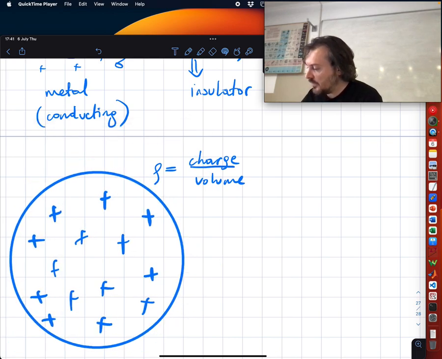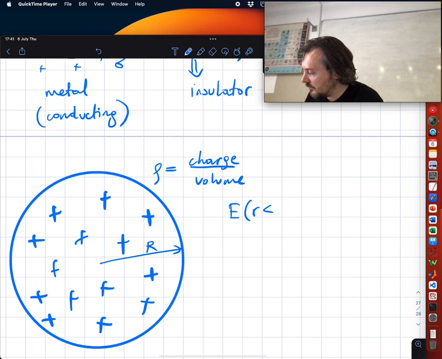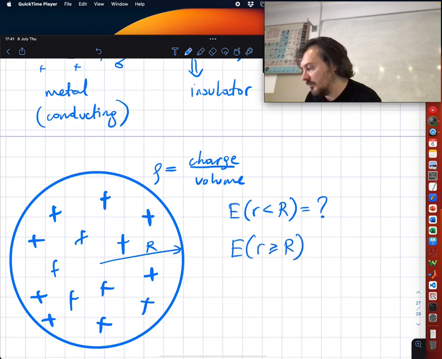So, the question is, what is the electric field inside this sphere? And what is the electric field outside this sphere?